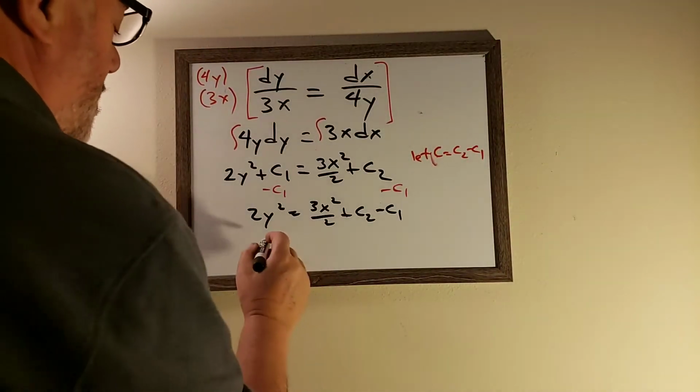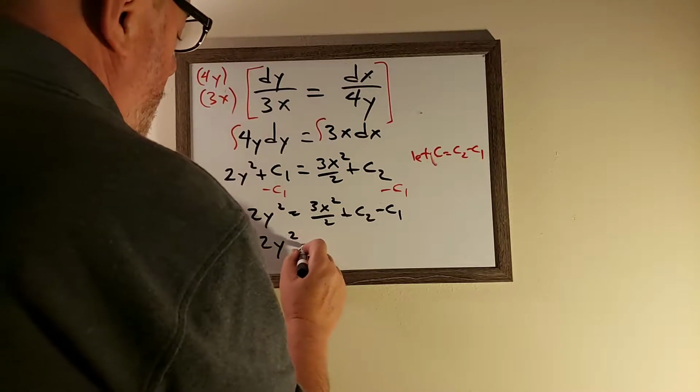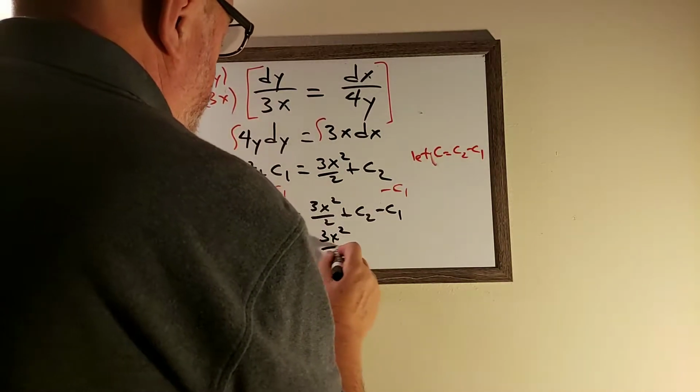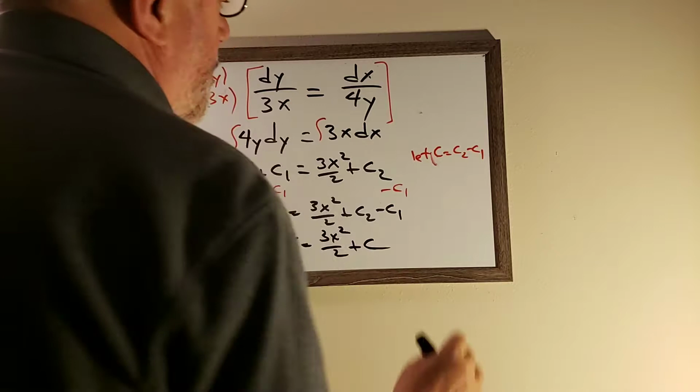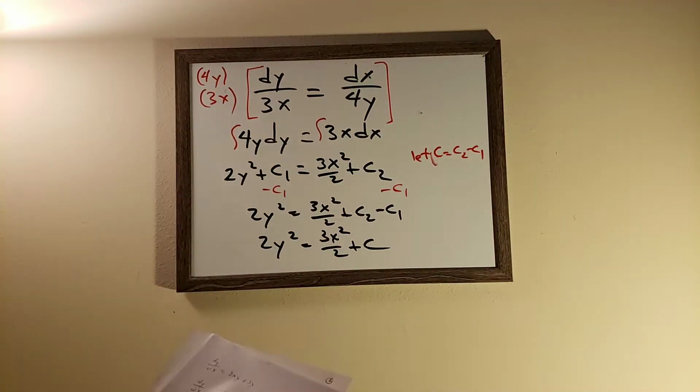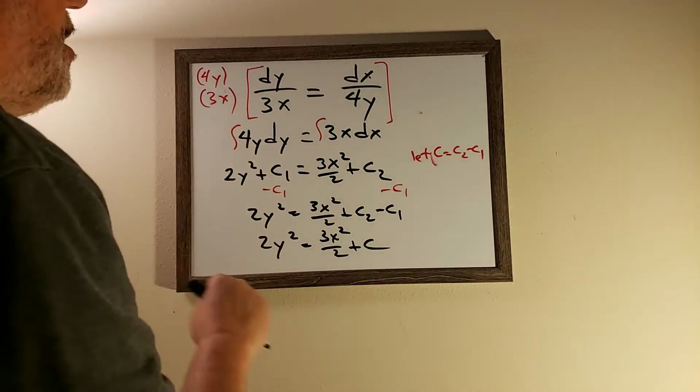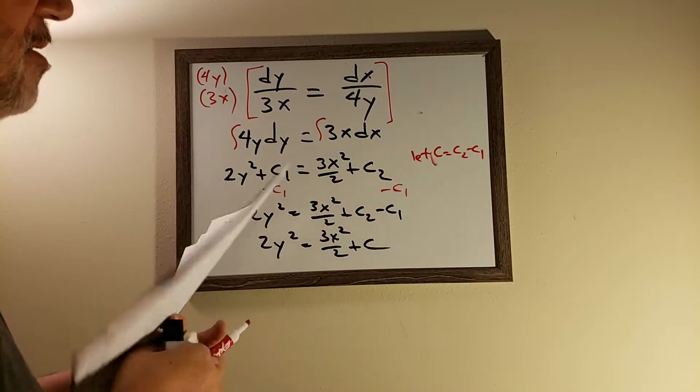And so I'm going to rewrite this as 2y squared equals 3x squared over 2 plus c. And we're done, right? So again, the process we want to do is we want to get the y's with the dy's and the x's with the dx's, right?